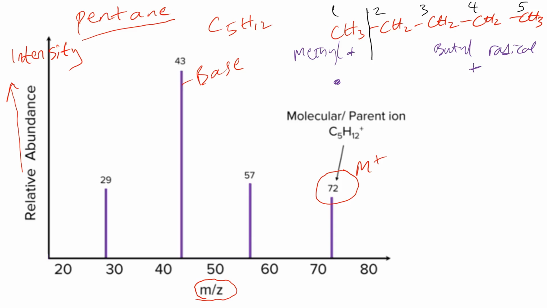So practically it means when the bond between carbon 1 and 2 is broken, you can have a methyl CH3+ and also a butyl C4H9+.